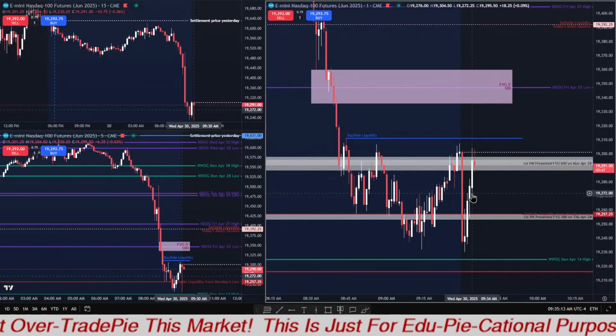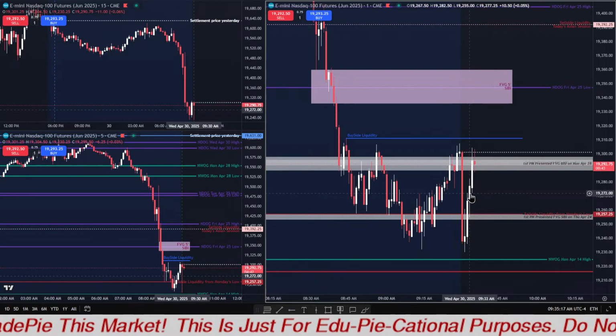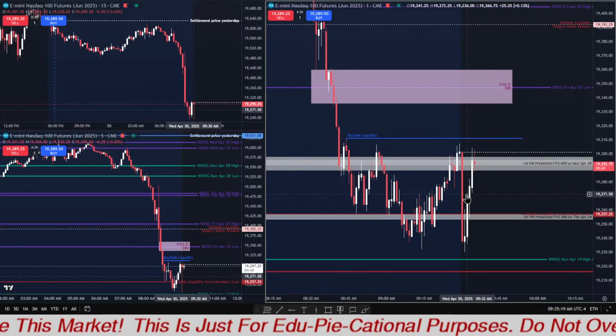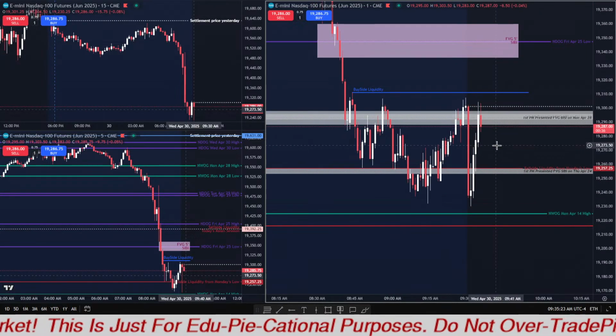So far we still don't have any first presented fair value gap. And we are waiting in the market.